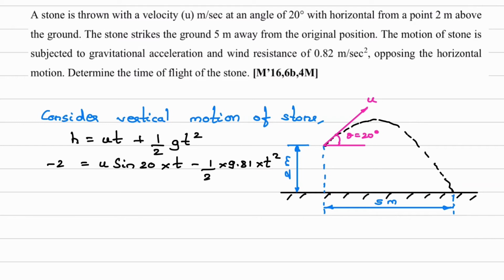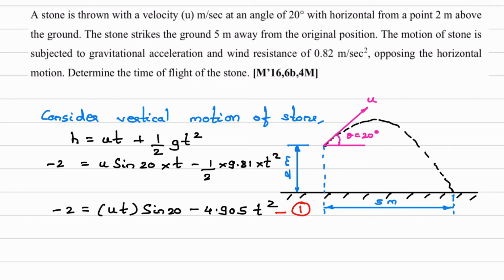Simplify this equation: minus 2 is equal to ut sin 20 minus 4.905 t square. Suppose this is equation number 1.